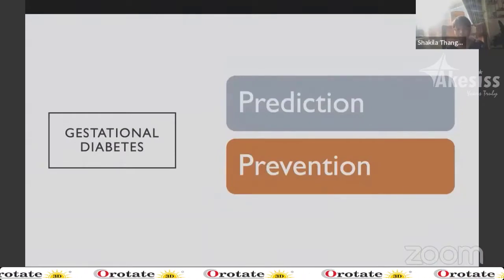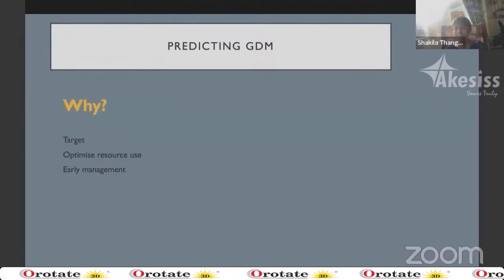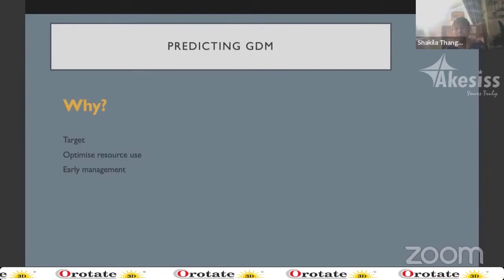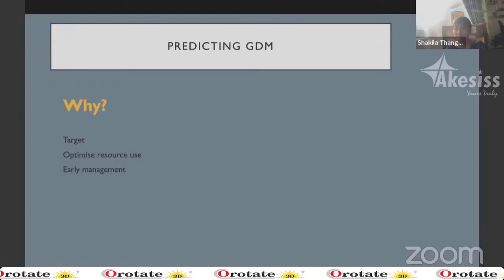So gestational diabetes first. So why do we actually need to predict gestational diabetes? I do understand that we work in different health systems here in UK and with many of you in India and other countries. However, it is also a problem irrespective of the country you are in.